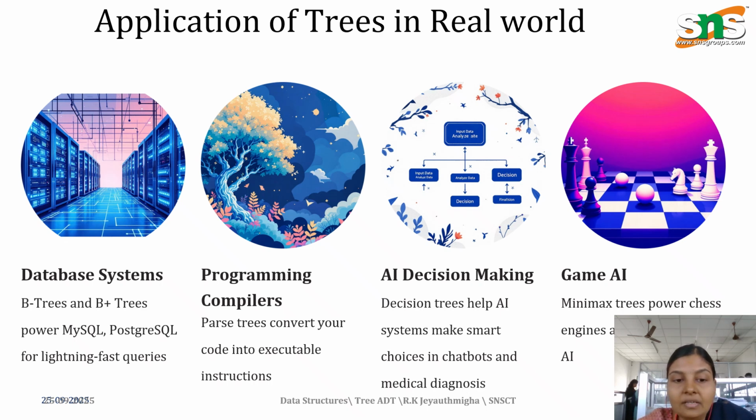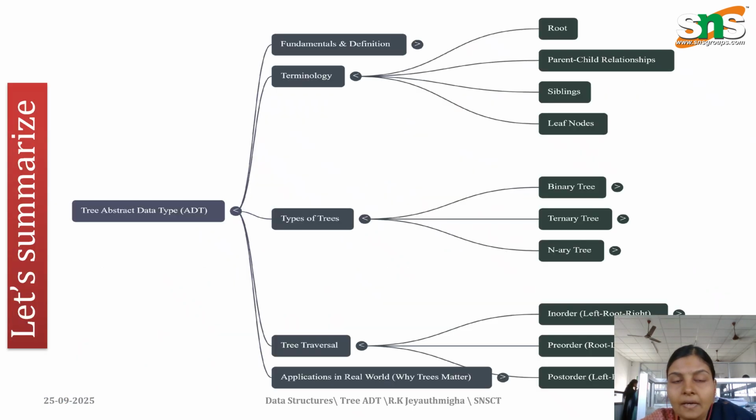In programming compilers, parse trees convert your code into executable instructions. In AI decision making, decision trees help AI systems make smart choices in chatbots, medical diagnosis, and many other fields. In gaming applications too, trees find applications, like Minimax trees powering chess engines and many other game engines in AI.